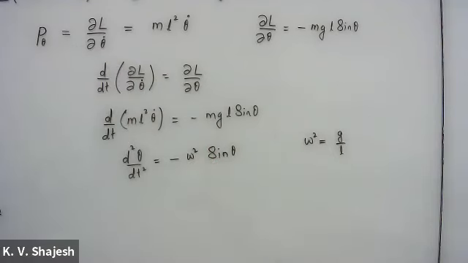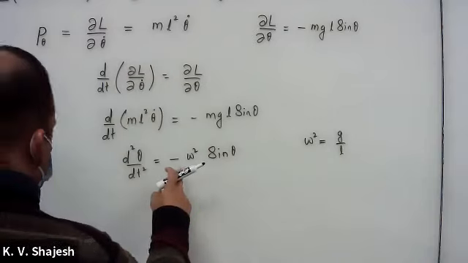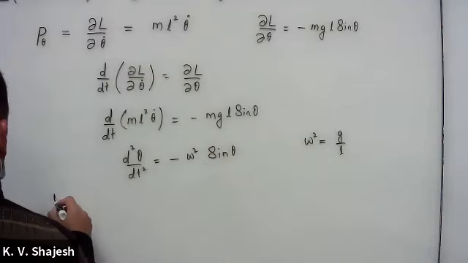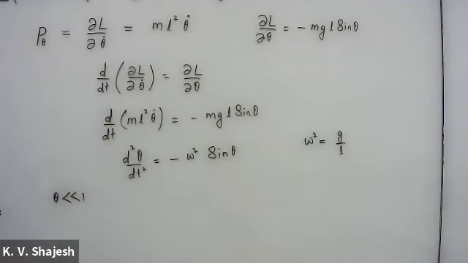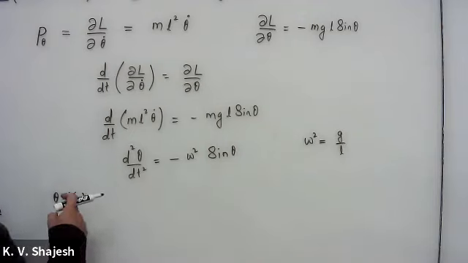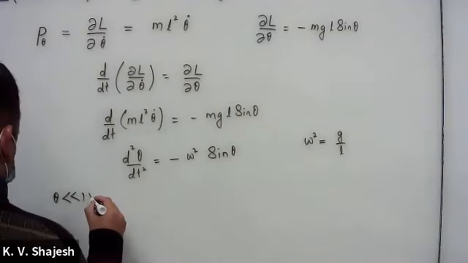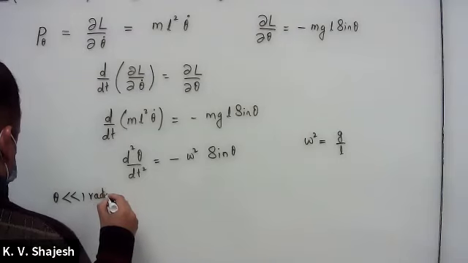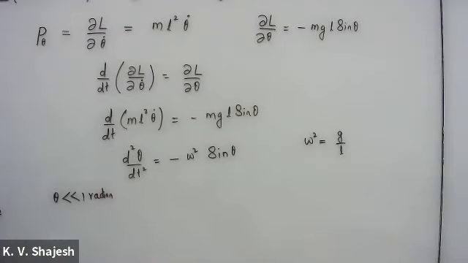if you make a small angle approximation in this, so if theta was small, like if theta was very much less than 1. But whenever you say something is small, you have to specify with respect to what? It is with respect to 1. In this sense, it is 1 radian. That will be very much less. And what does it mean by very much less? That's a percentage error.